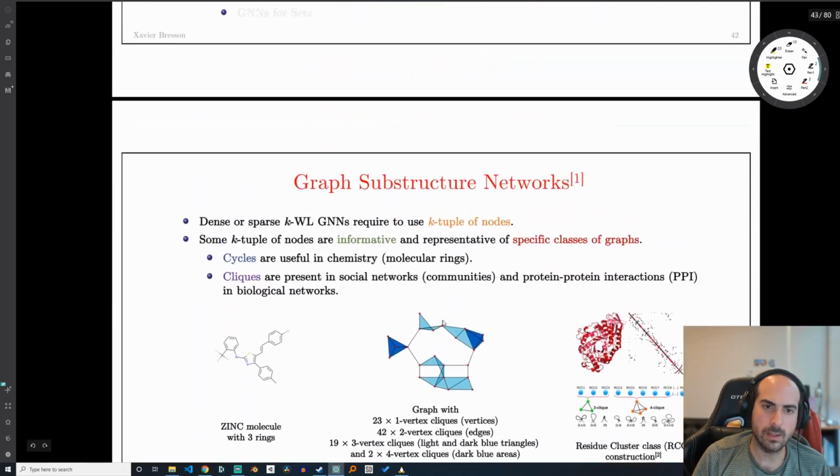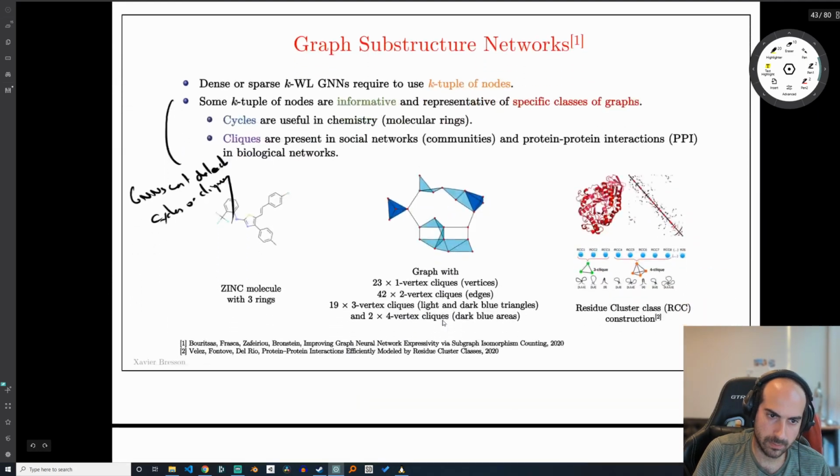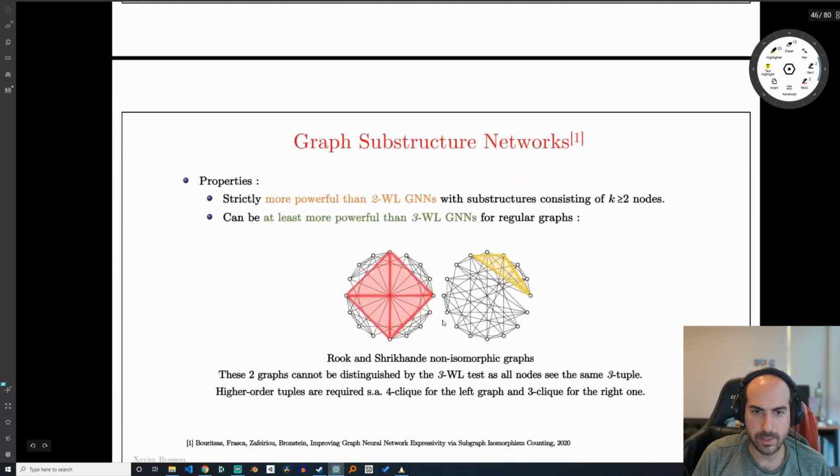Okay, this is interesting. So we're basically saying here, these are some features. GNNs can't detect cycles or cliques in general, at least with the message passing GNNs.